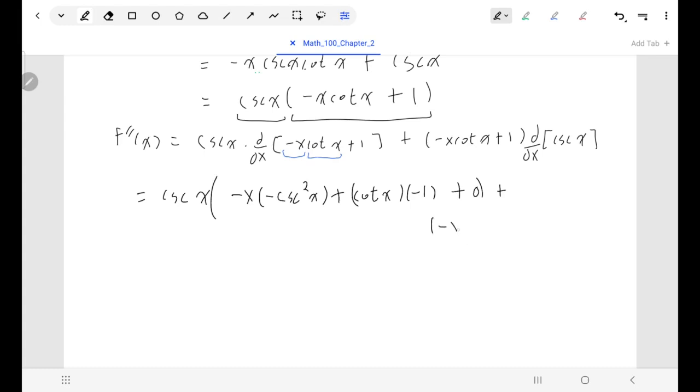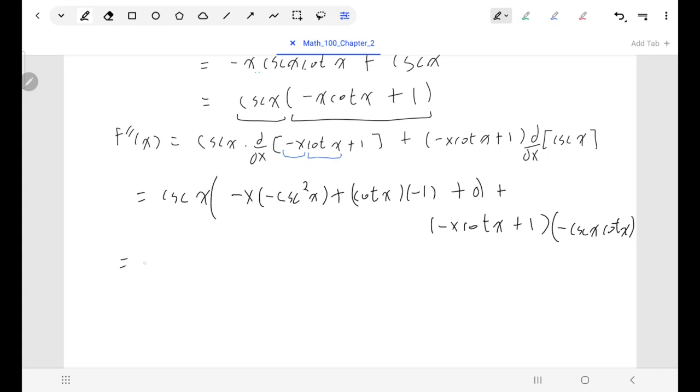And I don't think I'll be able to fit it all on one line, so I'll have to straddle two lines here. For the second term, I have the negative x cotangent x plus 1 times the derivative of cosecant, and the derivative of cosecant is negative cosecant cotangent. Okay, so a little bit of cleaning up that I'll need to do here.